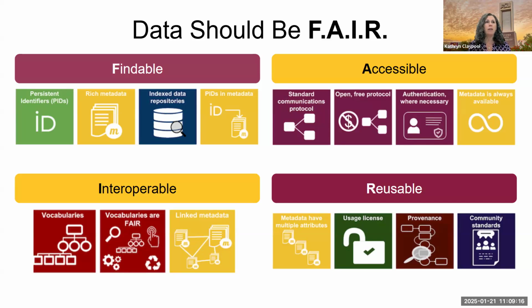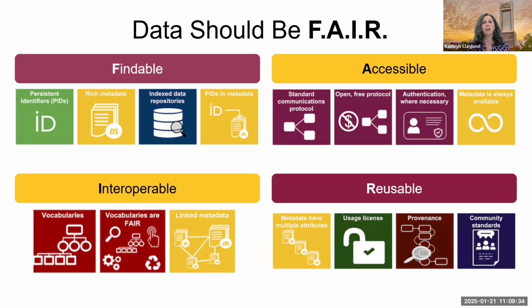Interoperable is really just about having the proper vocabularies around it, or whether or not you are in a specific discipline that requires that, as well as having your metadata make sense with your data sets. And then reusable. Really, this is what it's all about.